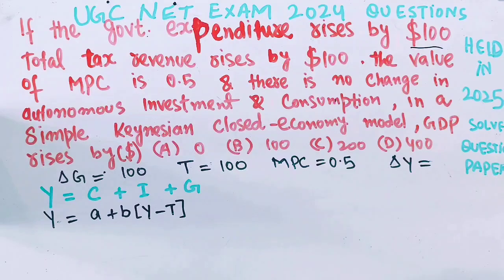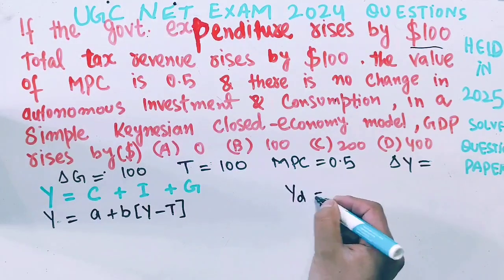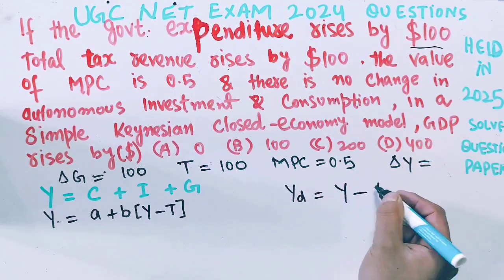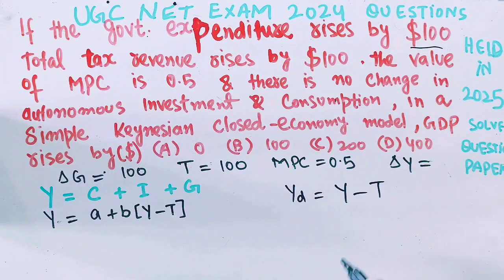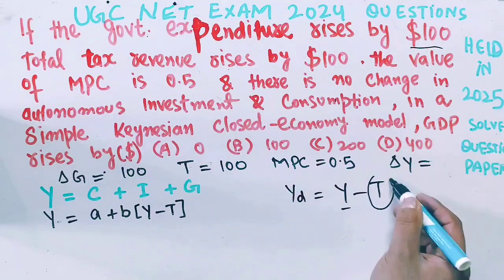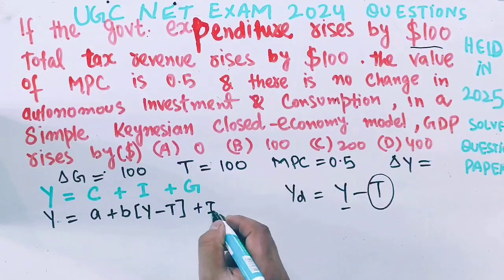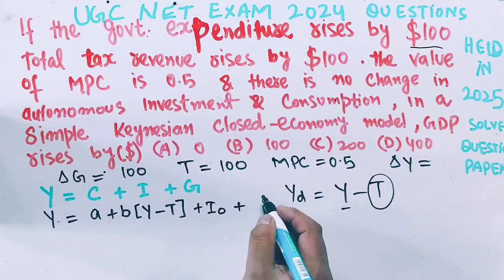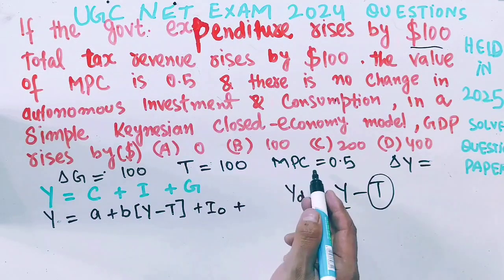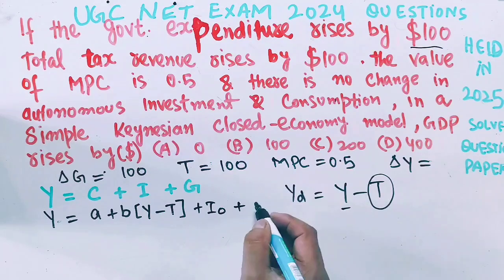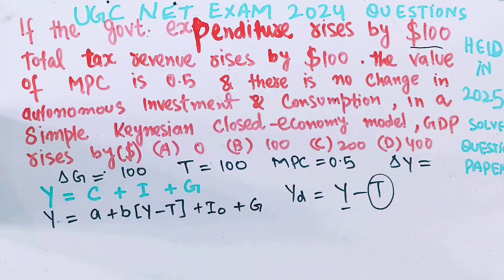What is disposable income? That is the total income minus the taxes paid on that very income. So T denotes our total taxes here. So A plus B YD, where YD is equal to Y minus T, plus investment is autonomous and government expenditure G.